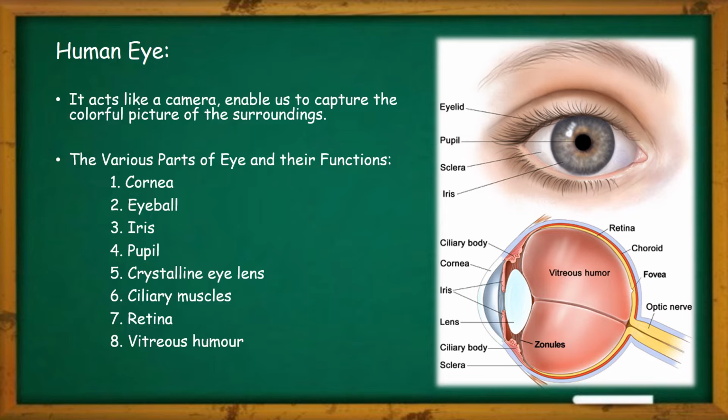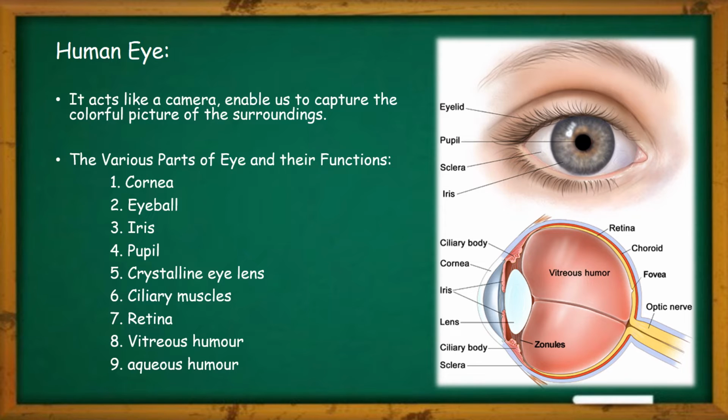Next is vitreous humor. Vitreous humor is nothing but a clear jelly that fills the space between the lens and the retina of our eyeball. And next is aqueous humor. Aqueous humor is just a transparent watery fluid very much similar to plasma.